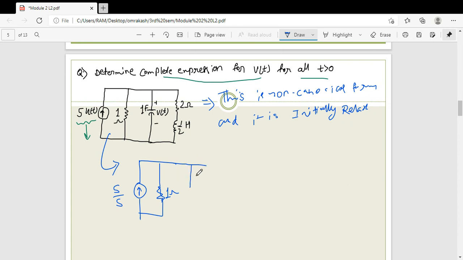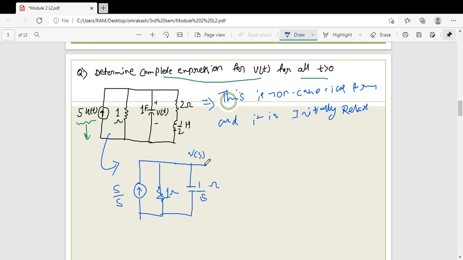Now see, if the circuit is initially relaxed, then no initial voltage or current is present in that circuit. The potential is connected to this node, so we write this node as V of S. And the value of 1 farad in terms of Laplace transform is 1 by S ohm.